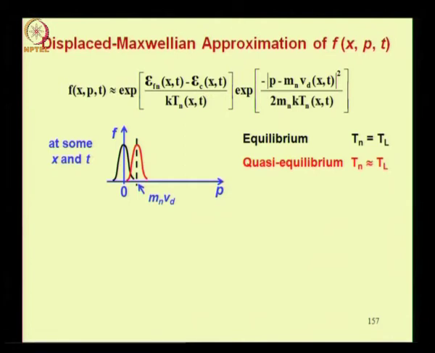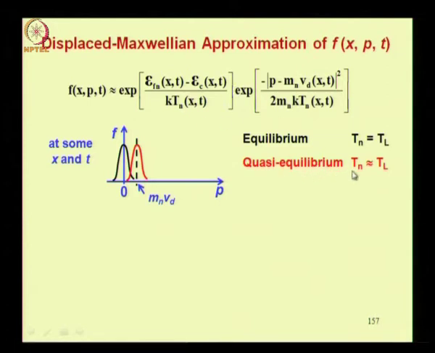So here is your distribution function corresponding to the red curve. The difference is that now p square has been replaced by p minus mn Vd square. Now the quantities which vary with x and t are all indicated in this equation.